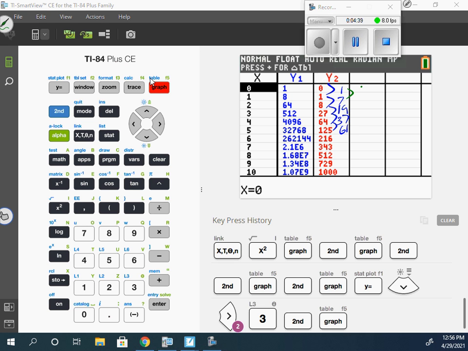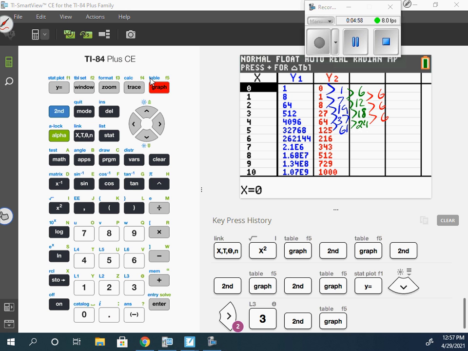Well, the difference between these is 6, then we have 12, 18, and then 24, and our difference is 6, 6.